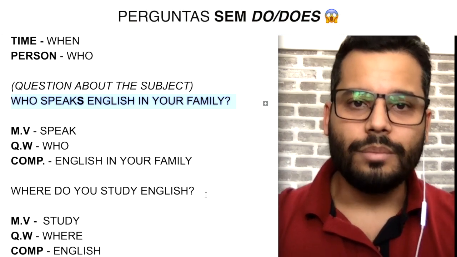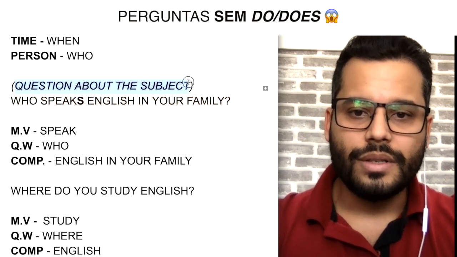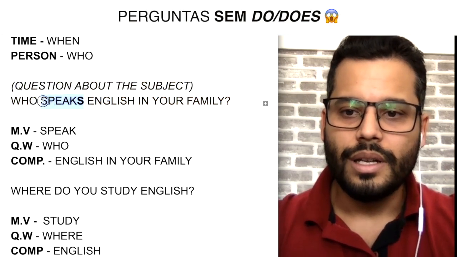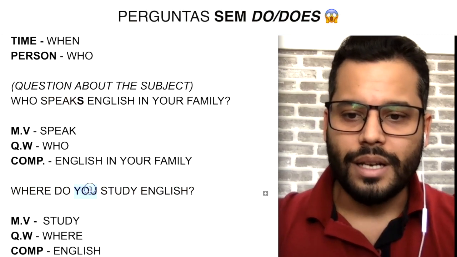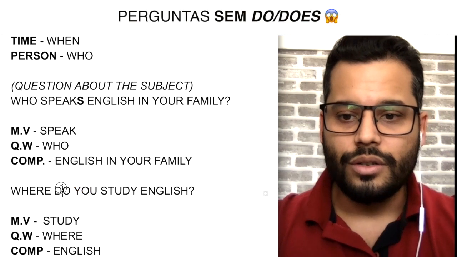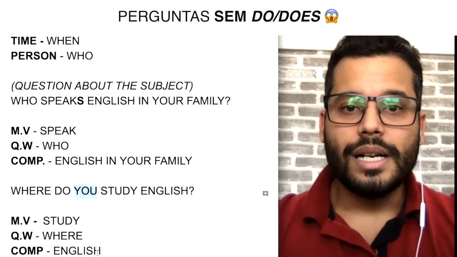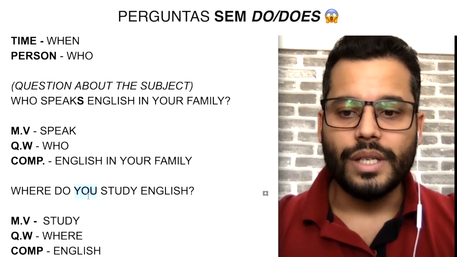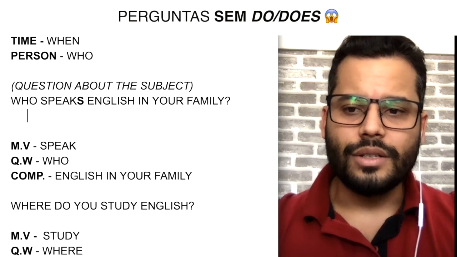Who reads a book in your house? So every time we have a question about the subject, we need to use inflection S, okay? So if you have a subject in a question, you need to connect the subject to an auxiliary verb, okay?